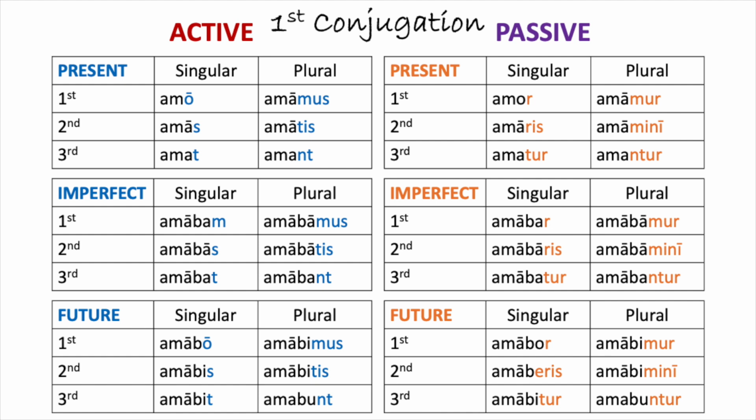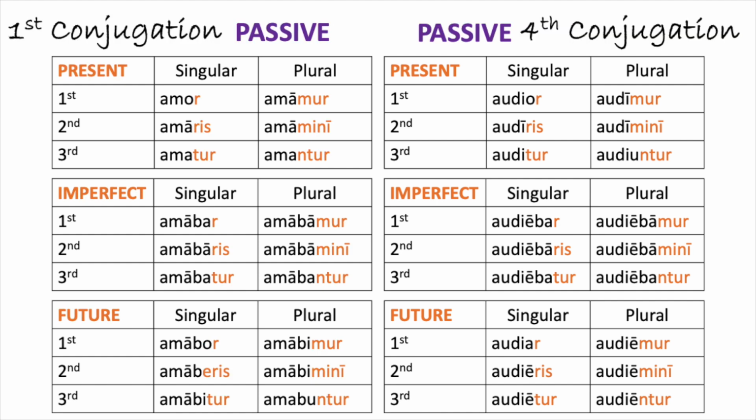The only thing that's slightly different besides those endings is in that future second person singular, where instead of -bi in the active, it's -be in the passive, because the short I doesn't play well with that -ris ending. To preview a little bit of this video, that's going to be a lot of what we see for the third, fourth, and third-io conjugations, where that ending is -or, -ris, -tur, -mur, -mini, -ntur, and you're still going to use the same tense markers as the active.